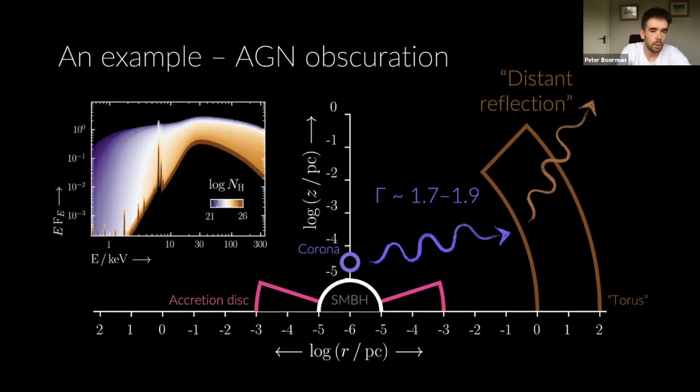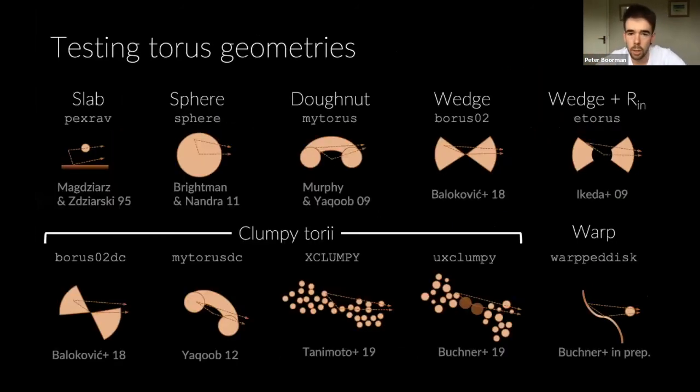Now, of course, there are lots of degeneracies here to do with the geometries that we're playing with, because for different X-ray models, you can assume a lot of different complex geometries, and there are a lot available publicly at the moment. The number of geometric degrees of freedom is very high, right?